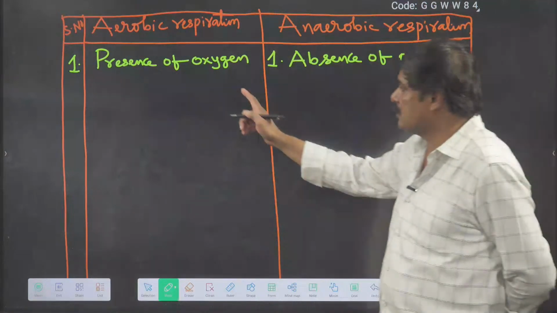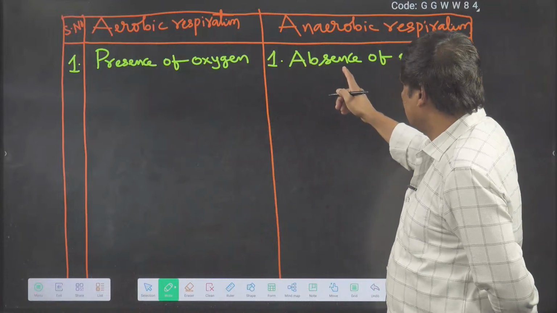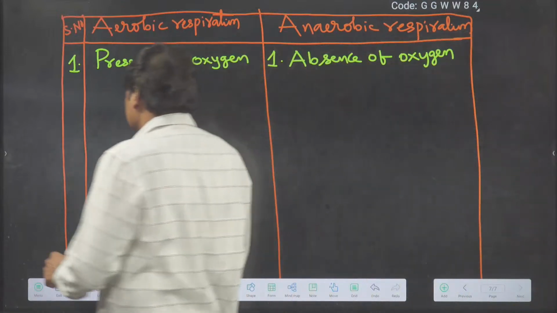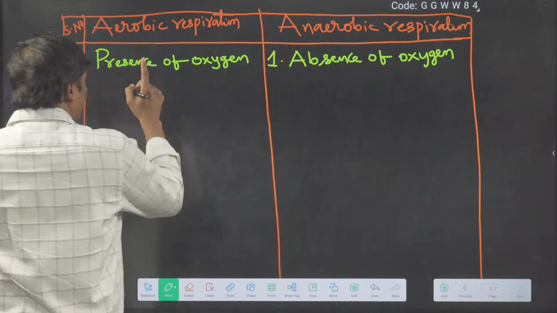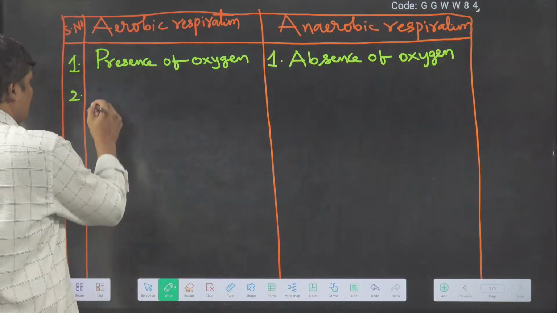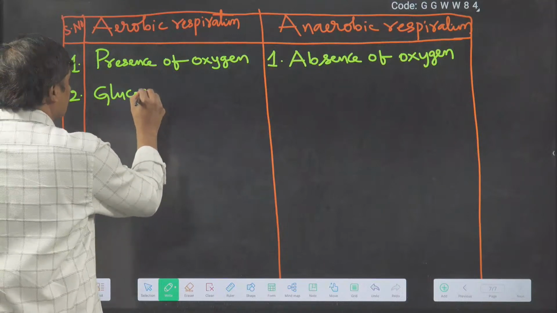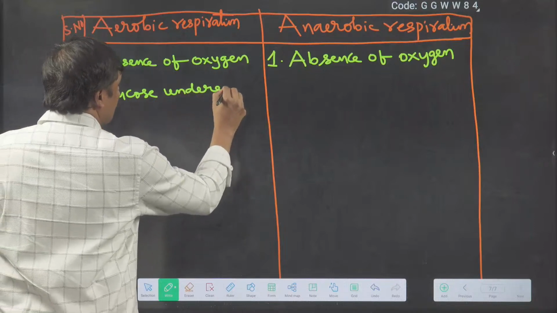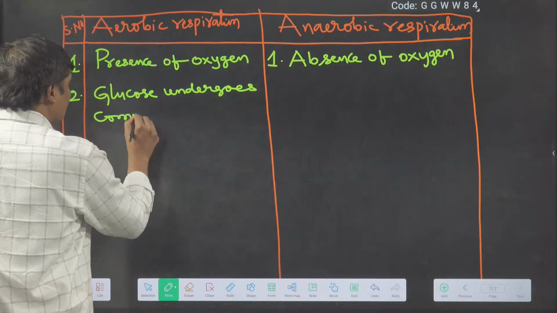Respiration which occurs in the presence of oxygen is called aerobic, and in the absence of oxygen is called anaerobic. Next. In aerobic respiration, glucose undergoes complete oxidation.